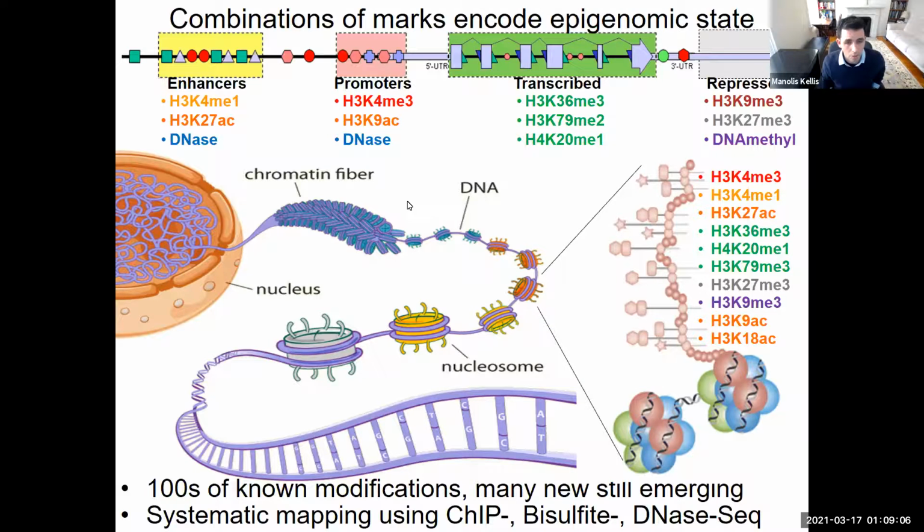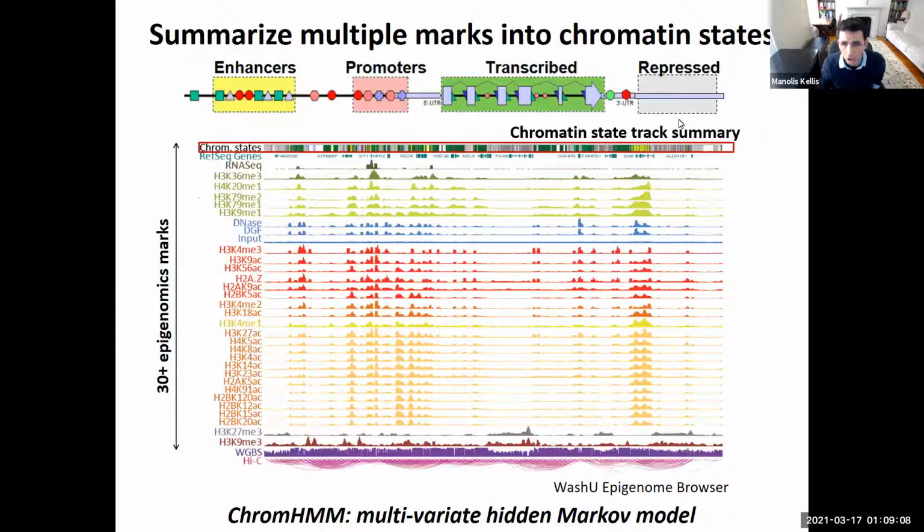So we talked about how we can discover these chromatin states based on combinations of histone modification marks.